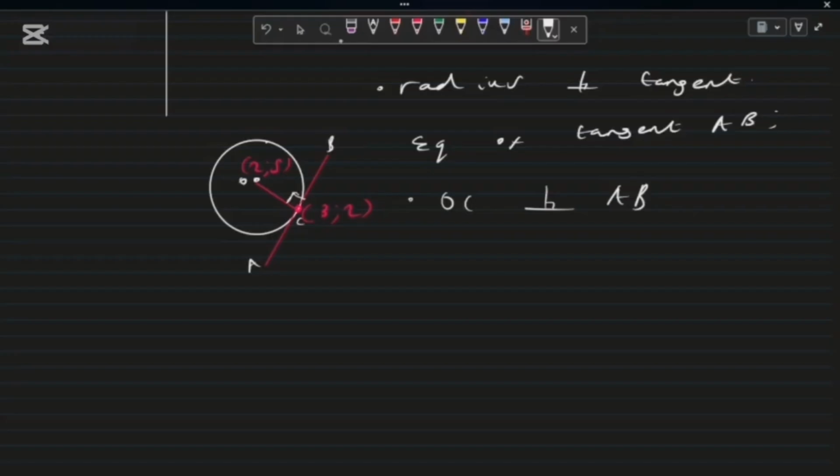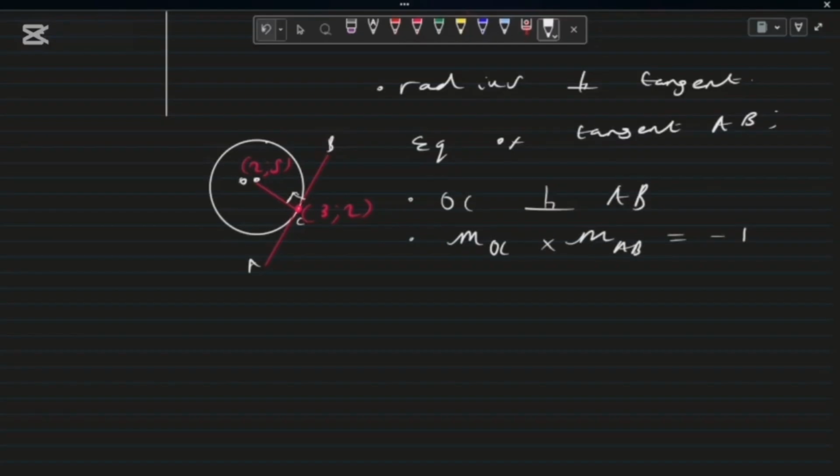And we know something about the gradients of two perpendicular lines. In our previous session, we said that if two lines are perpendicular, then they have inverse gradients. In other words, the gradient of one line times the gradient of the other line gives us -1.